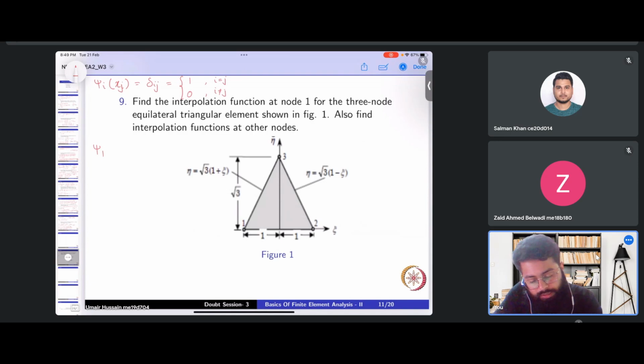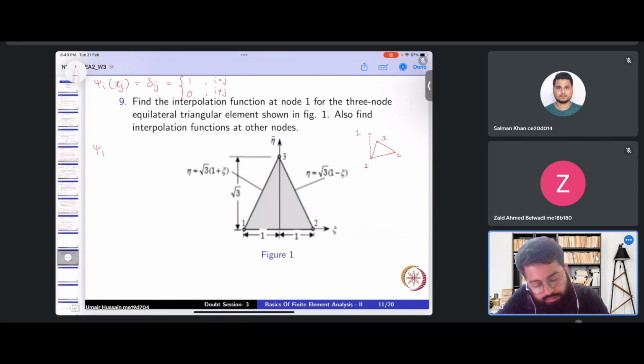Right? So if we're talking about linear functions only, you can imagine it as a plane having a value of 1 and linearly going to 0 at nodes 2 and 3. So if I try to give you a 3D idea, consider this triangle to be out of plane. So this is node 1, this is 2, this is 3.